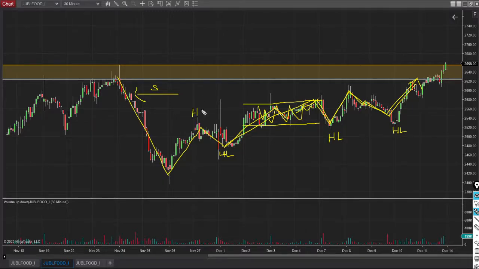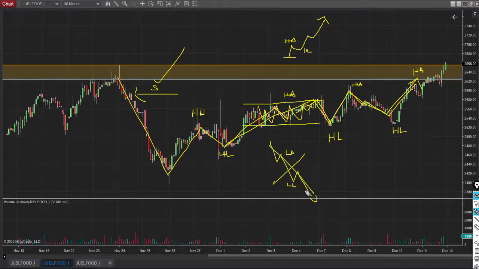Along with higher lows, higher highs are also developing here. Higher lows and higher highs develop when buyers are more active. If the sellers were stronger, they should have formed lower highs and lower lows, but that has not taken place.